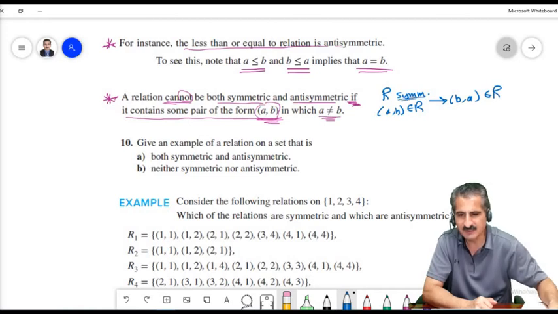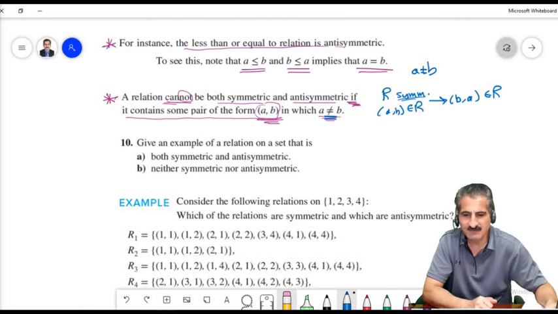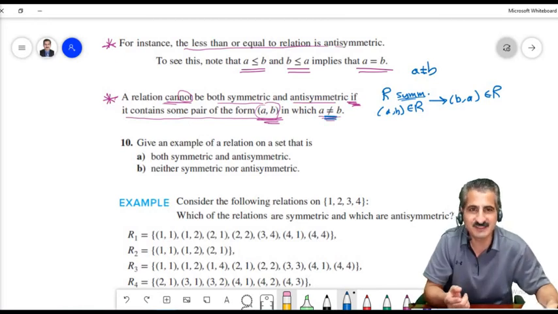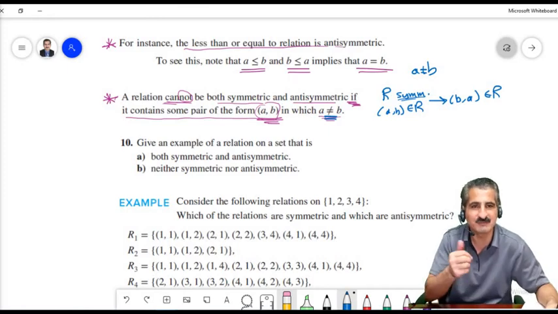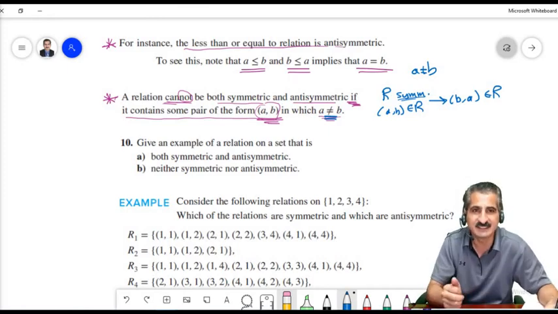And we are assuming here A is not equal to B. So this goes against the antisymmetric, because antisymmetric does not allow this to happen. So this relation now is symmetric, but it is not antisymmetric.